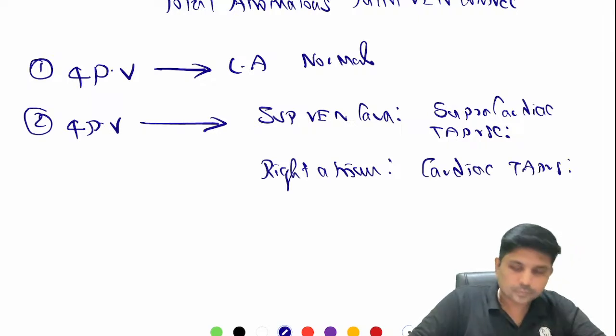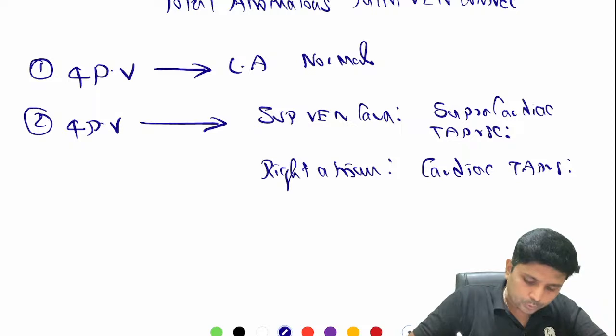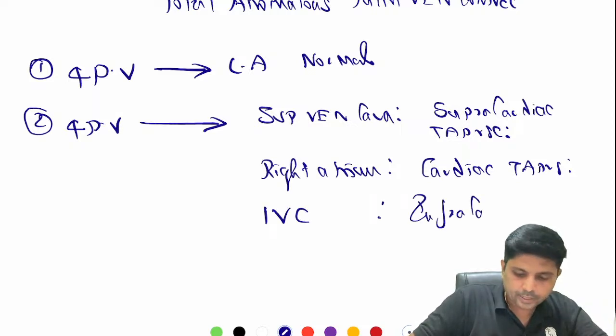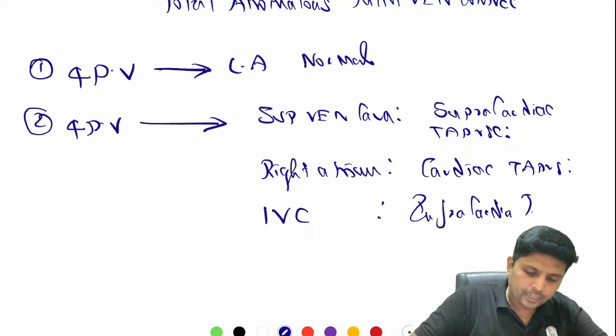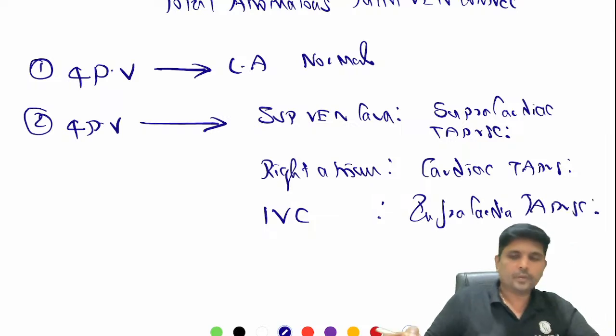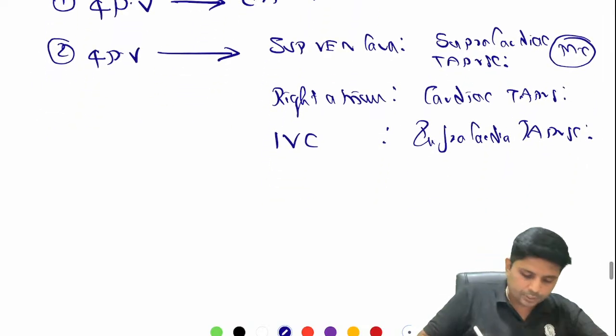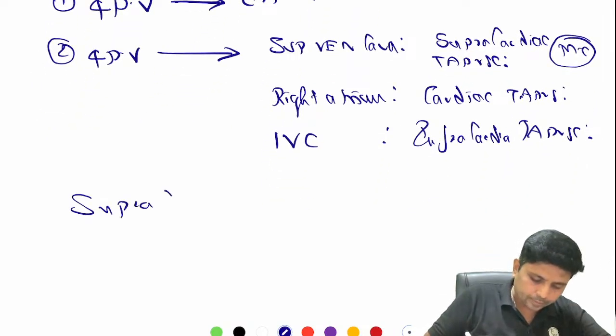Or it can drain into IVC. Then it is called infracardiac. Most common is supracardiac.